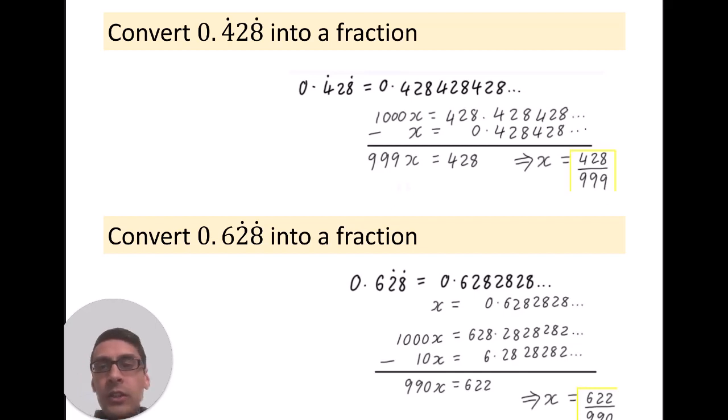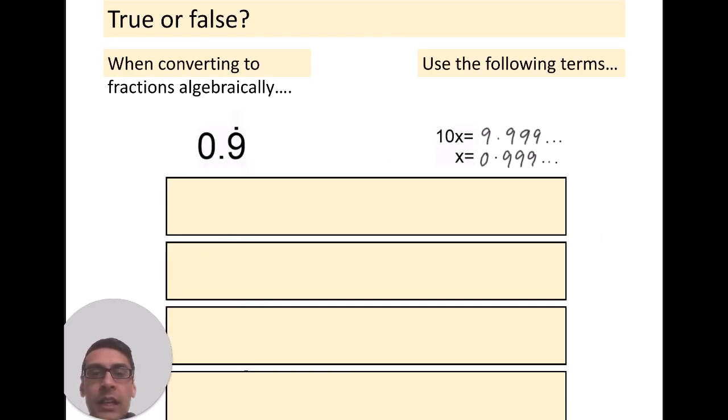Okay, so now we'll do a quick true or false and just practice figuring out which multiple of your expression we're going to use. So let's say you have 0.9 recurring. Would you use 10x and then take away 1x? Well, we can see from here, yes, it would be eliminated. So this is true.